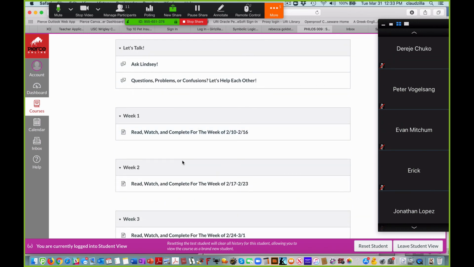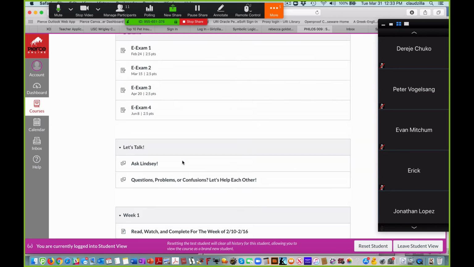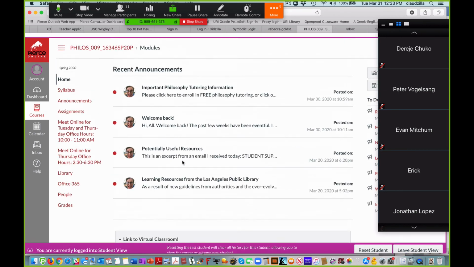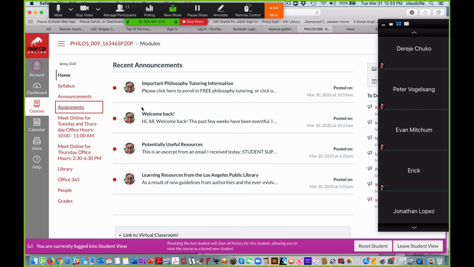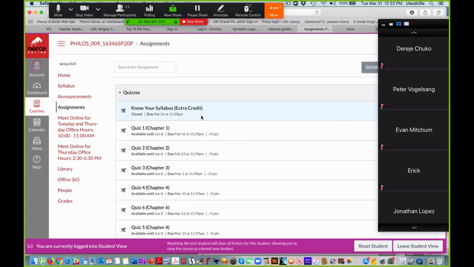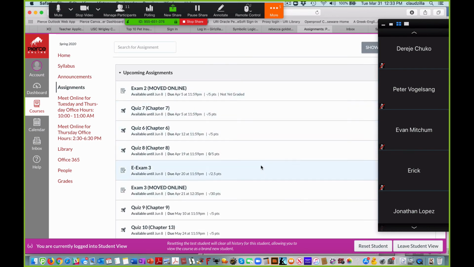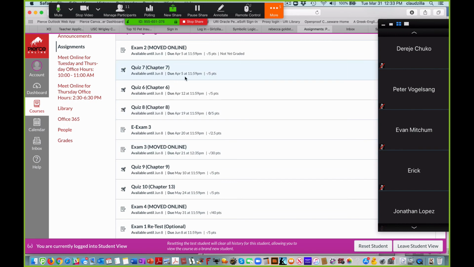Right. So here's part of my thinking. Let's go to assignments real quick. So you see your due date, right? The due date follows what our current schedule says, but the availability, as you can see, is extended.